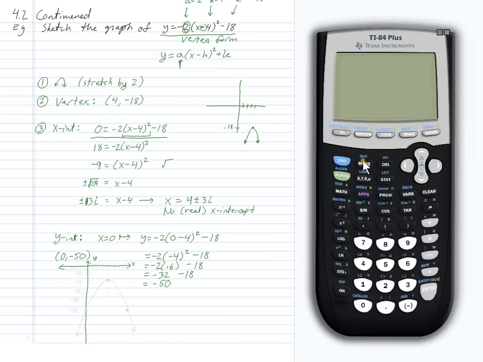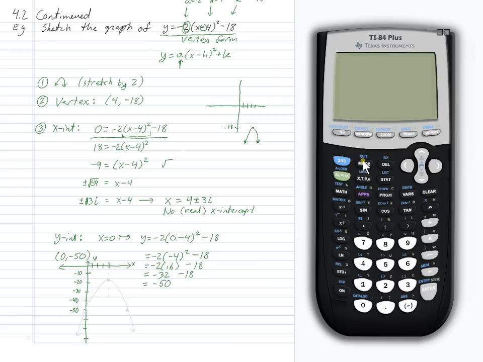Alright, we've got our y-intercept at negative 18, or not our y-intercept, I'm sorry, our vertex. So I'll go in 5s. 5, 10, 15, 20, 25, 30, 35, 40. Shoot, that didn't work. Let's do these by tens. Negative 10, negative 20, negative 30, negative 40, negative 50.